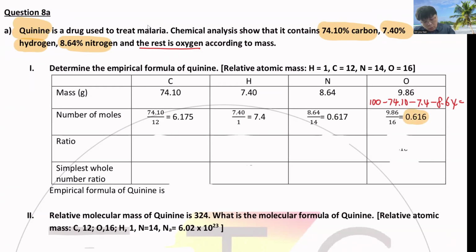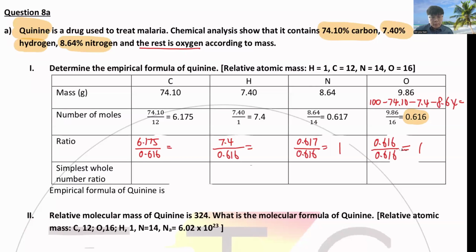So all need to be divided by the smallest. Get the ratio, so you get around 1 also.